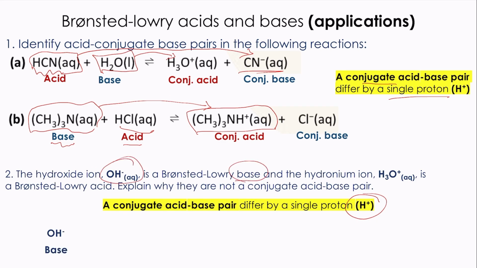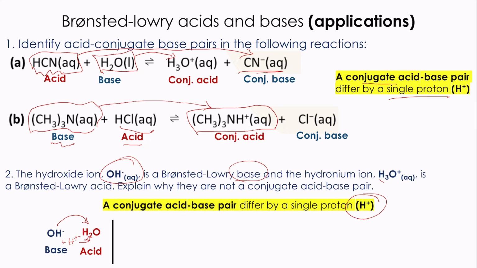How could it be a base? It will be a base by gaining H positive. So it will become H2O, and this is the acid. This is its pair. Why? The difference between them is only H positive. So to make H2O, OH negative has to gain H positive.